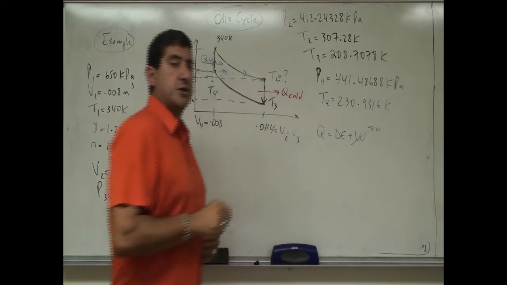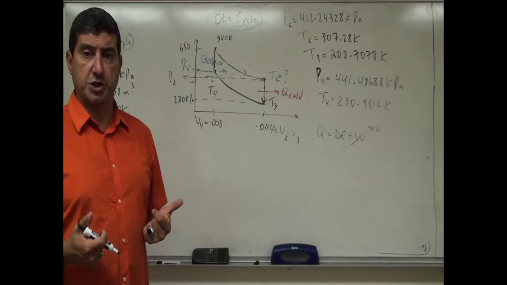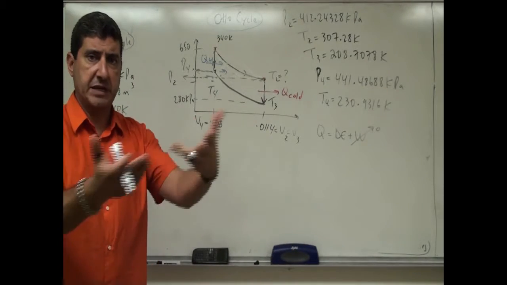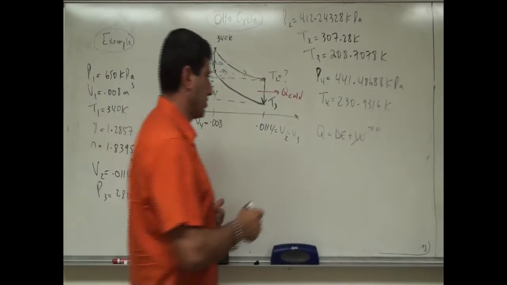In an isovolumic process, the work done by the gas is 0. So Q is just equal to the change in internal energy, and that depends on whether it's a monatomic, diatomic, or polyatomic gas, triatomic gas.